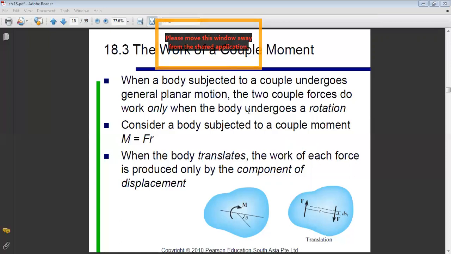The couple can be calculated by F times r. If I have two opposite forces equal in magnitude, they will produce a couple equal to F times r. As you can see here, the direction of rotation can be found from the right-hand rule. Here this couple is rotating in the clockwise direction.